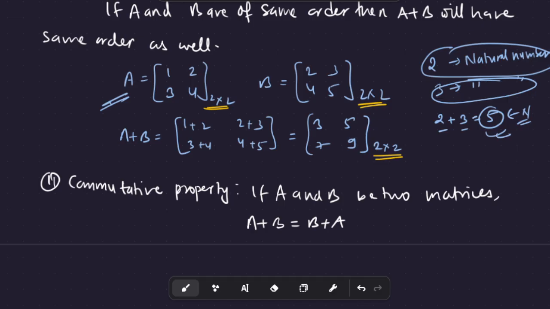That means A plus B equals B plus A is called the commutative property.